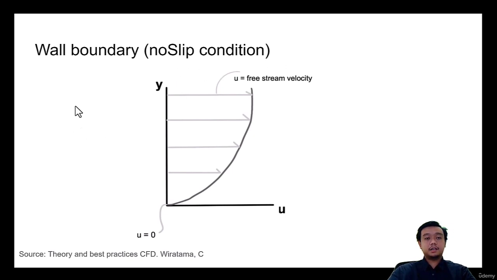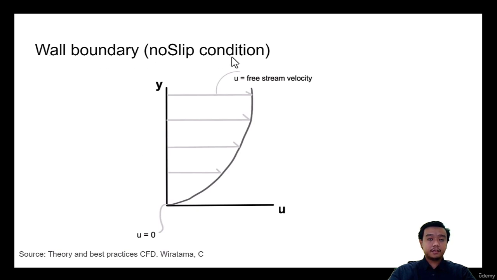The idea of the no slip condition is that the velocity on the wall itself, at zero distance to the wall, is 0, and this creates a boundary layer. It is a very special condition to be considered in terms of meshing and also the wall function we discussed previously in turbulent modeling.